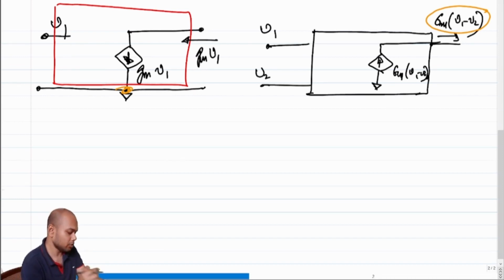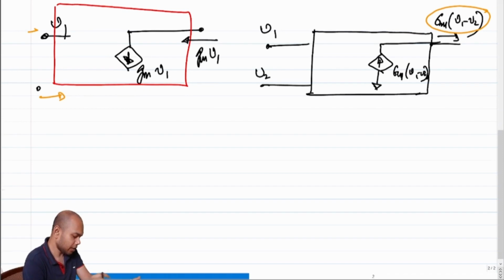Like in a common source amplifier, the output current was a difference between the gate terminal and the source terminal. In our differential amplifier case, the output current is again the difference of two terminals, V1 and V2, but note that neither V1 nor V2 are source terminals, right? So that is a critical difference. Other than that, as far as the current output is concerned, this is exactly similar to a common source amplifier.